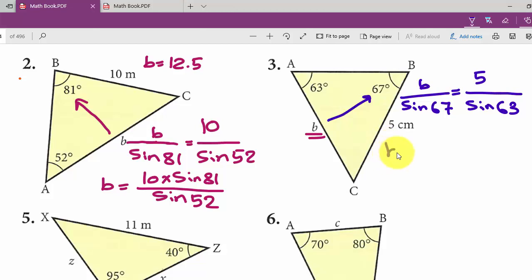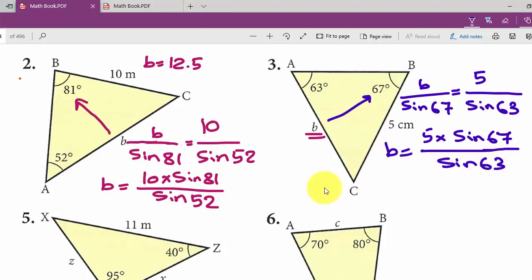Now to find B, we always multiply the denominator of the missing by the numerator on the other side of the equal sign. Then 5 times sine of 67 over sine of 63, it gives B.